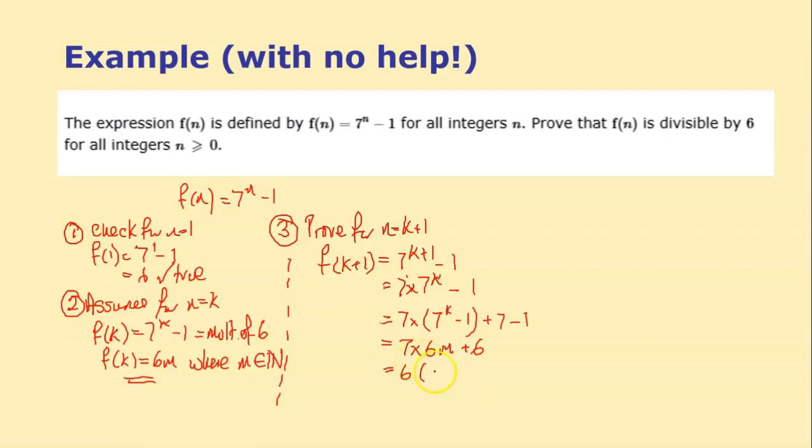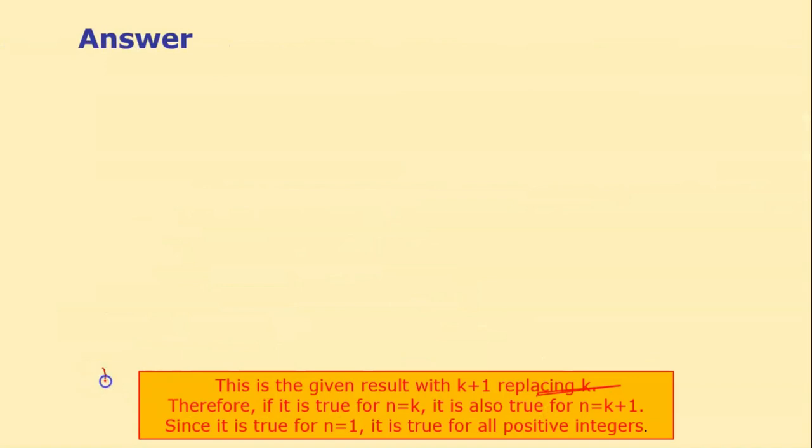And 6 as a common factor is, of course, now I can write 7m plus 1, which is a multiple of 6. And I think we've done it. Well, not quite. We need, I suppose, to write out step 4. But other than that, I think we have done it. And this is that one done.